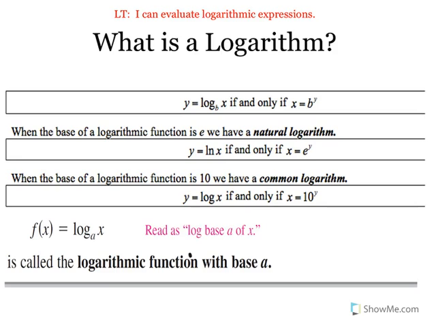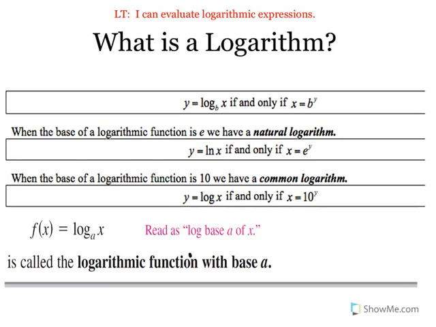Okay. This third property is very similar. It's again relying on you to be able to rewrite a logarithm as an exponential. But this third property is also just letting you know something that we talked about last class.